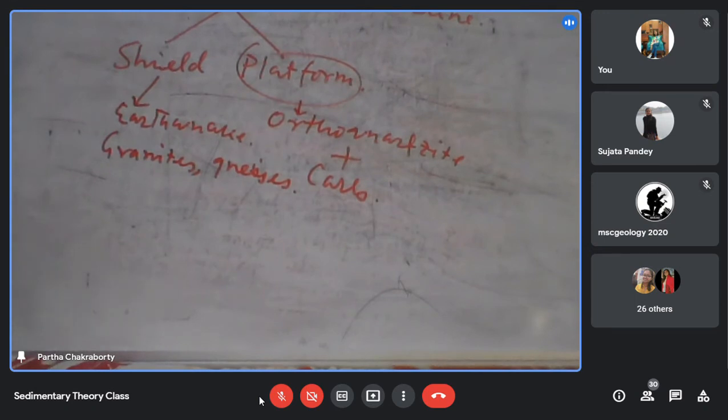They say that is the product of the platform. The shield has very little sediment cover. And between the cratons, there were geosynclines. And how was a geosyncline?